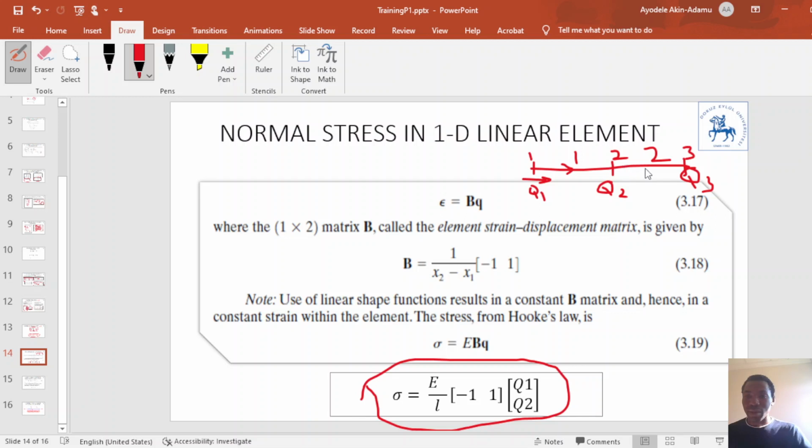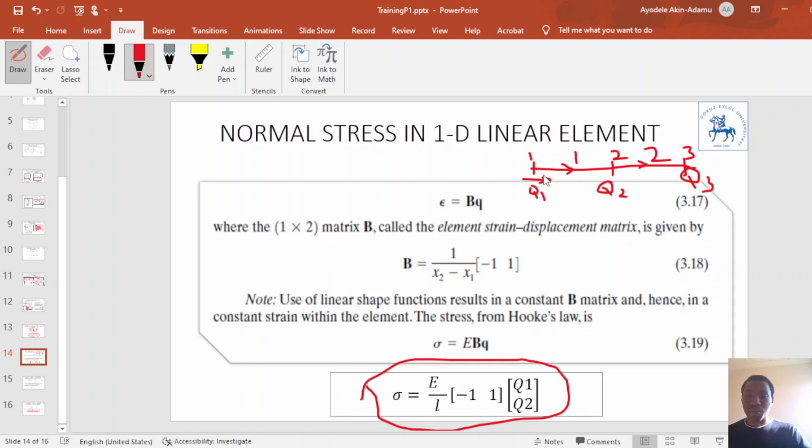For element 2, the Q vector will be defined as Q2, Q3. For other elements, it is done in the same fashion. So the stress is given by E over L times this matrix, minus 1, 1, times the Q vector.